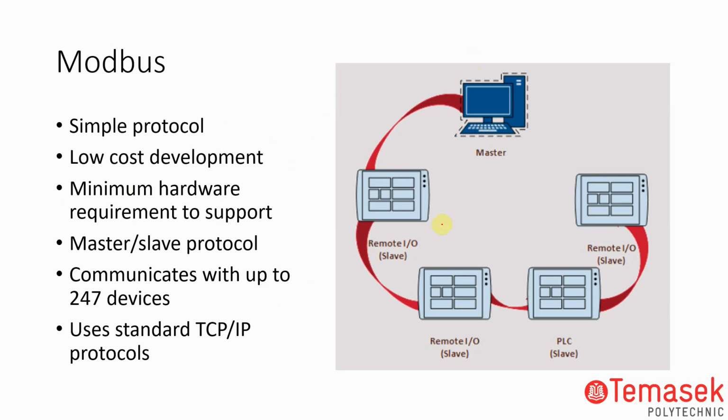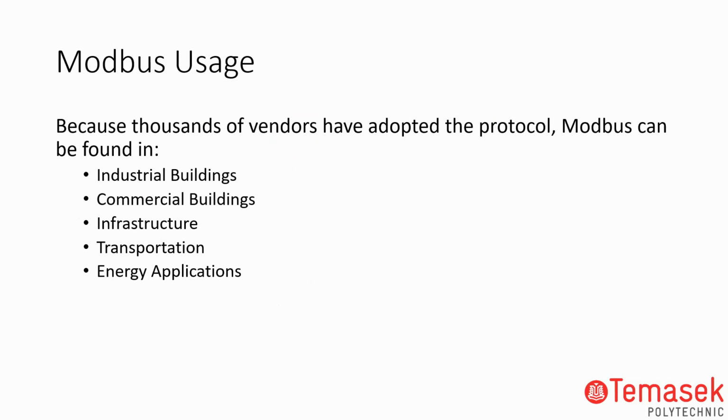You have a master, and you can have many slaves, and then you can do control. You just go through TCP/IP and you can send it. It was an early days design. It is found in various industries: building, commercial building, infrastructure, transportation, energy application. Remember, all these are local area network.